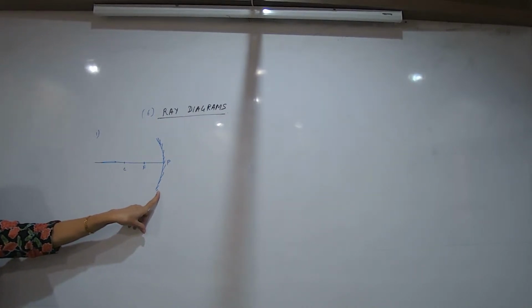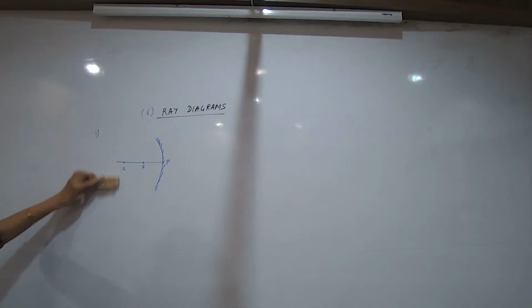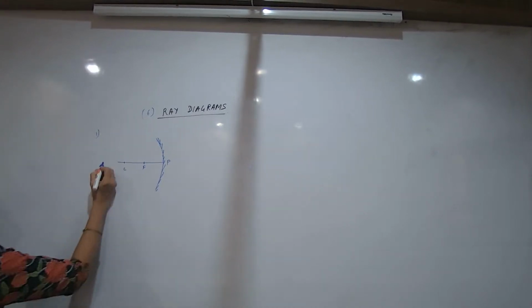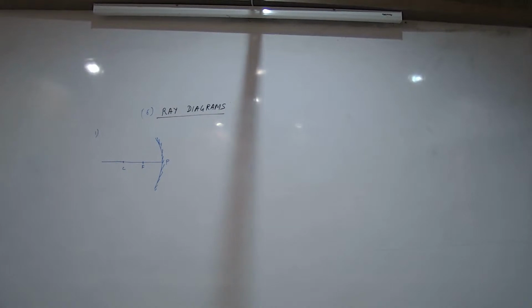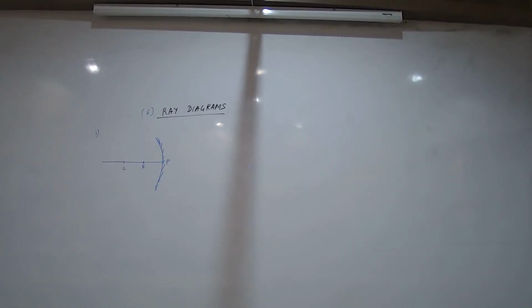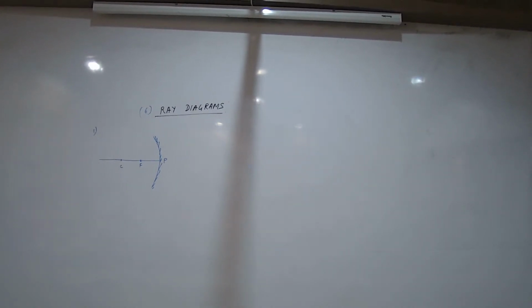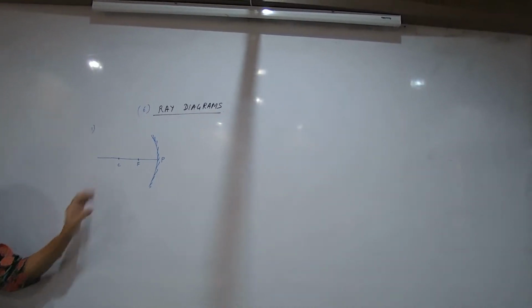Another thing that you should remember is whenever we draw the ray diagram, make sure that you're using a very sharp pencil, because in the board corrections, the papers go out. Any double line will not be considered. It should be a sharp pencil, just as you're doing your geometry constructions in math. It's the same thing.